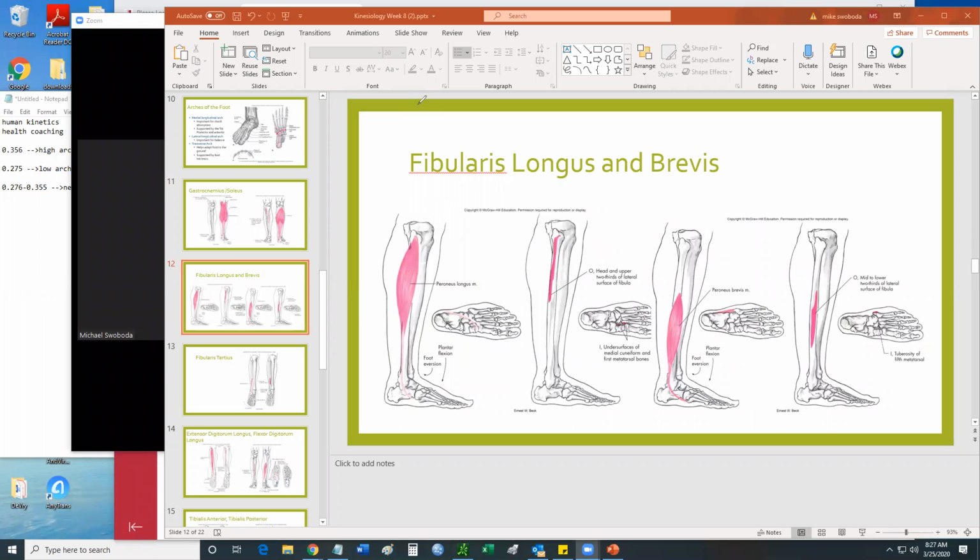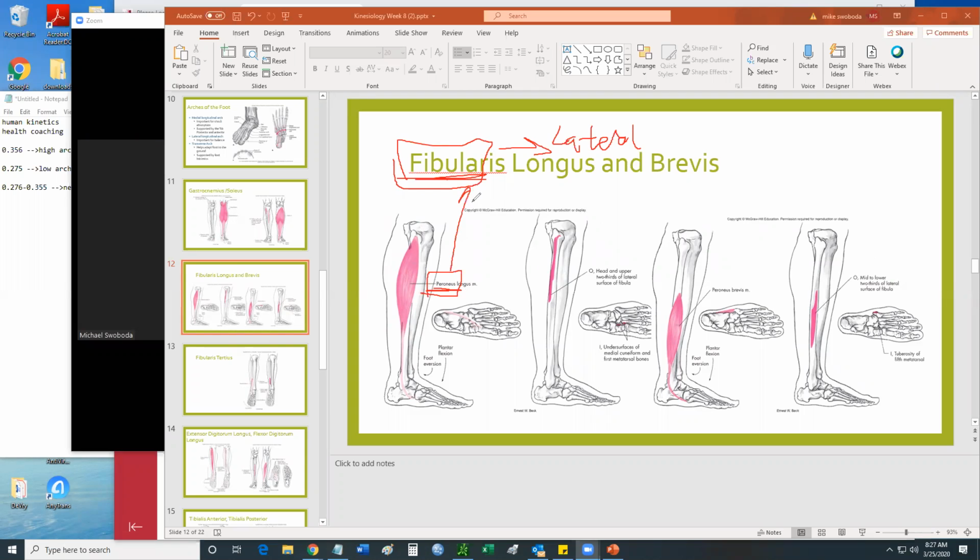Now, as far as the other muscles you need to know, these ones are all going to tell you exactly where they're at and what movements they do. So keep in mind that form follows function. Whatever side of the leg the muscle is on, it has to move the foot and ankle in that direction. So fibularis, fibula, lateral. You may see it also referred to as peroneus.